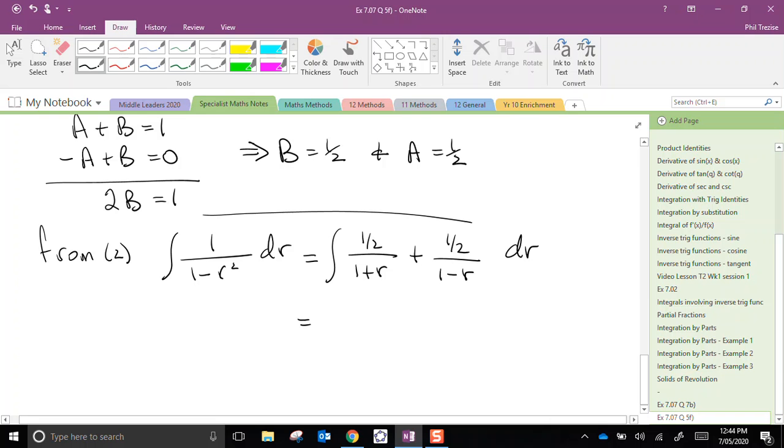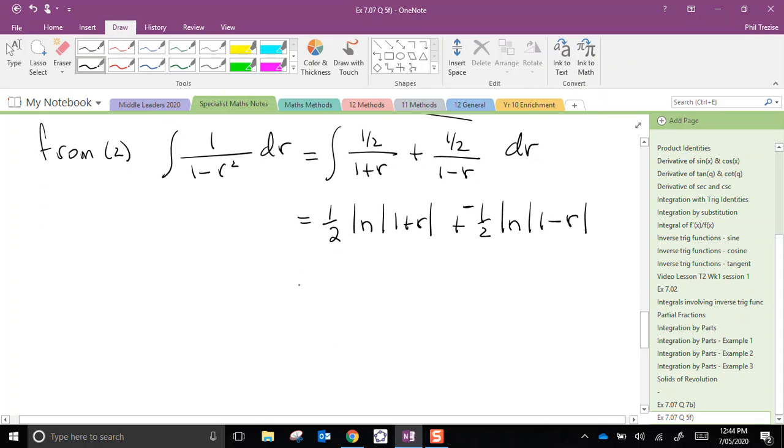Now, integrating each of these, I would have 1/2 multiplied by the natural log of 1 plus r. Then I would have 1/2 multiplied by the natural log of 1 minus r. Now remember, because we have to think about the derivative of this little expression, derivative of 1 minus r is -1, so when dividing by -1 it really just becomes a negative there.